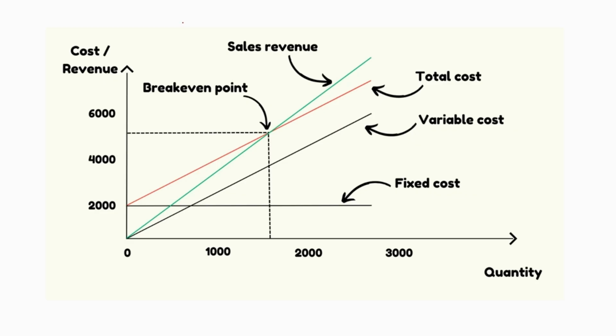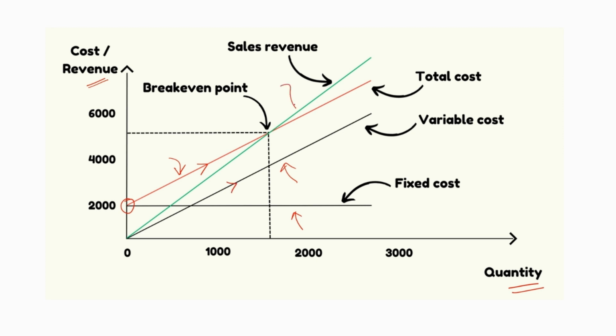We discussed this graph as well. You have to have a thorough understanding of this graph. The y-axis depicts the cost and revenue, whereas the x-axis depicts the quantity or the volume. Now you know about these lines. This is the fixed cost line and this is the variable cost line. Combining these two lines, we can draw the total cost line, which starts from the fixed cost amount and is parallel to the variable cost line.